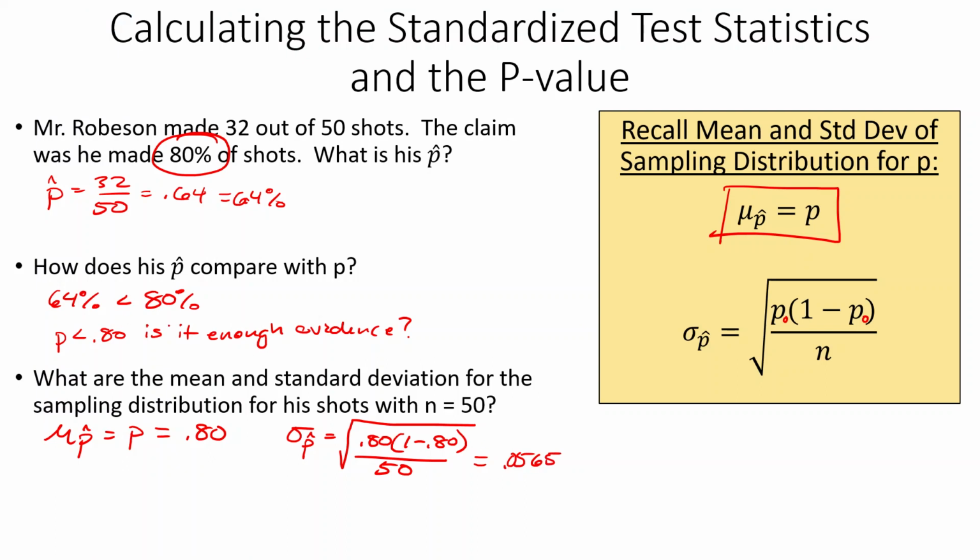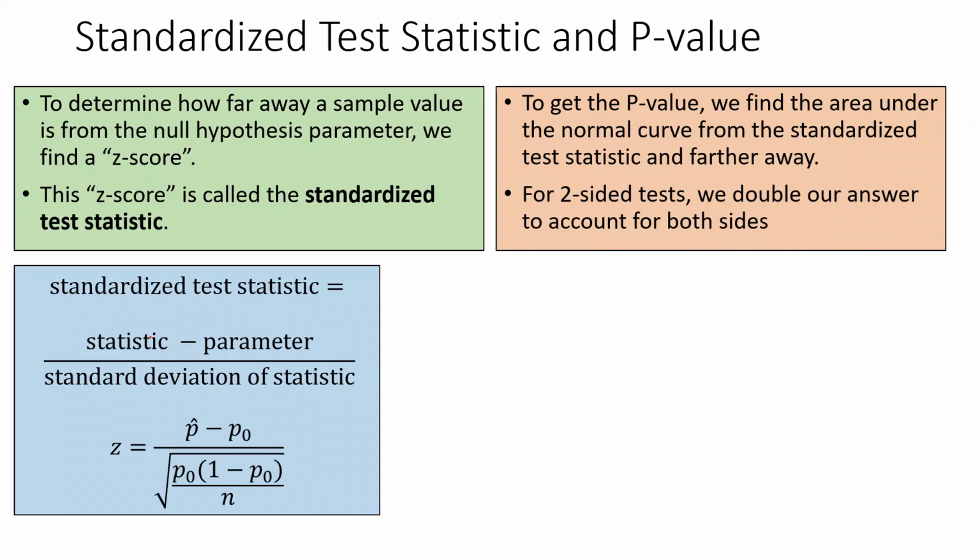Then what we're going to want to know is, how many standard deviations is this 64% or 0.64 away from 80% or 0.80? That's what we're going to calculate next, how many standard deviations away. That is what's called our standardized test statistic, or our z. Remember, we're working with p's, so we calculate our z, and we would use that to find our p-value.